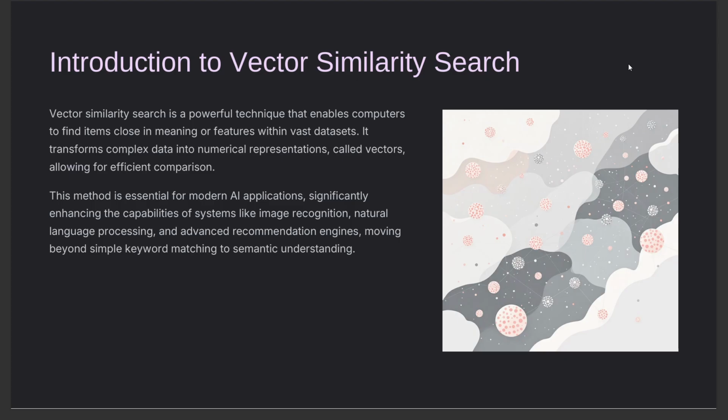This technique powers modern AI systems including image recognition, natural language processing, and recommendation engines. It helps machines go beyond simple keyword matching and actually understand meaning.